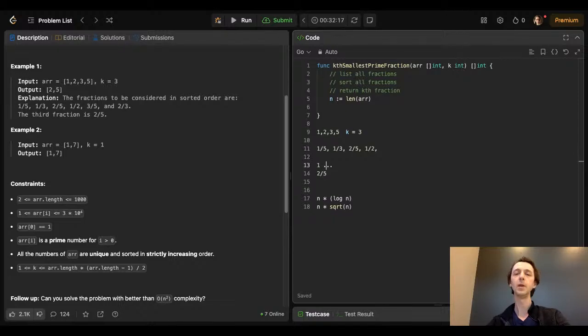So we're looking at this range of fractions with 1, and we can use binary search to find the last value that's smaller. And we'll find out that it's 1/3.